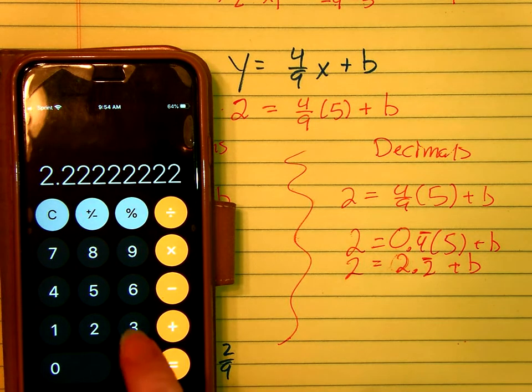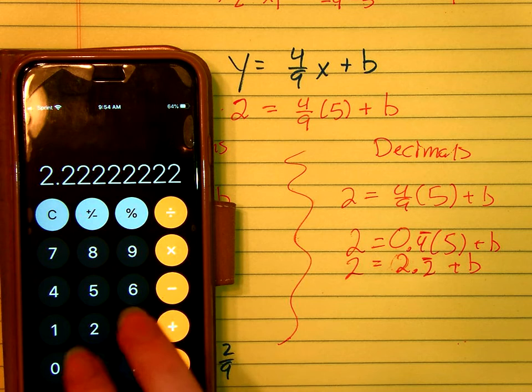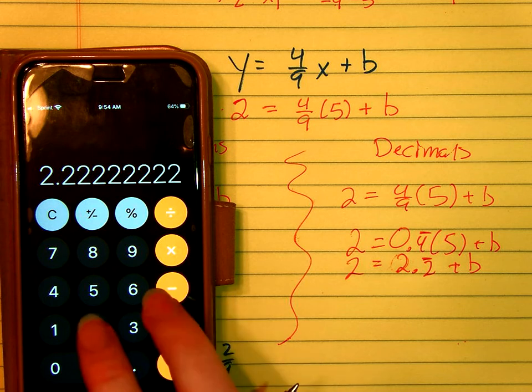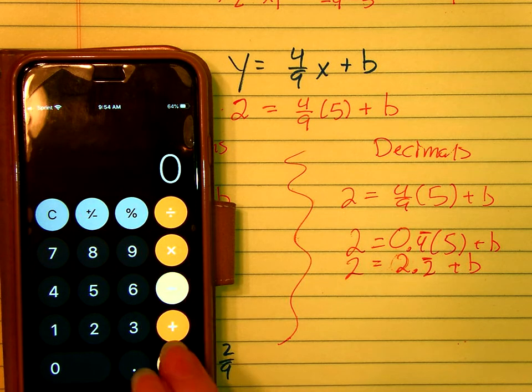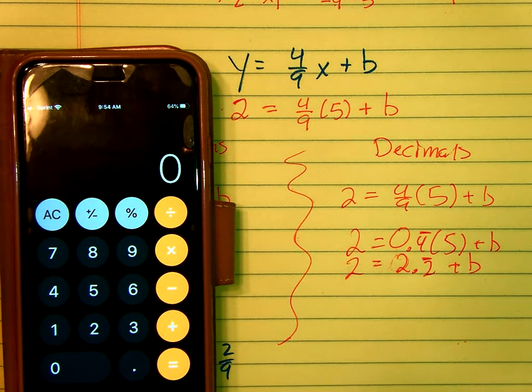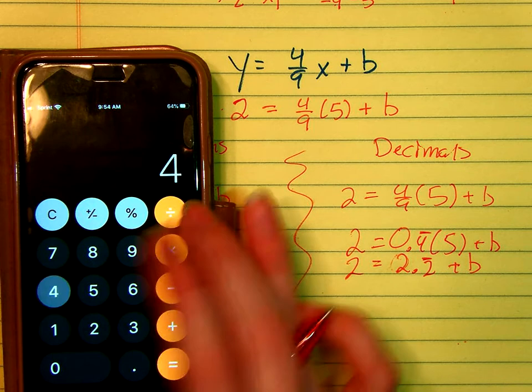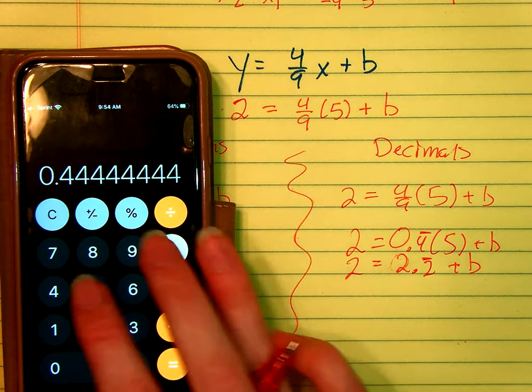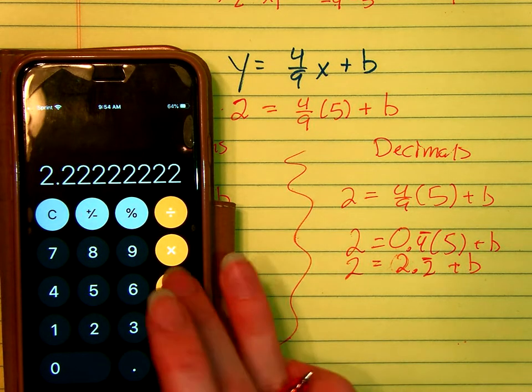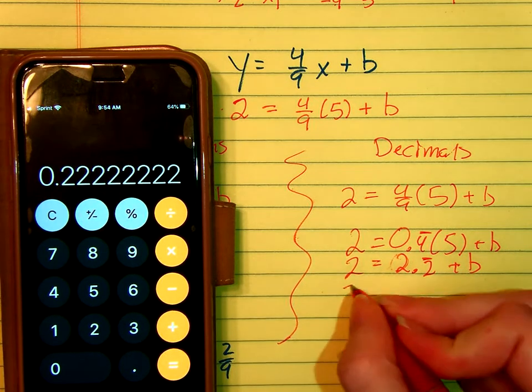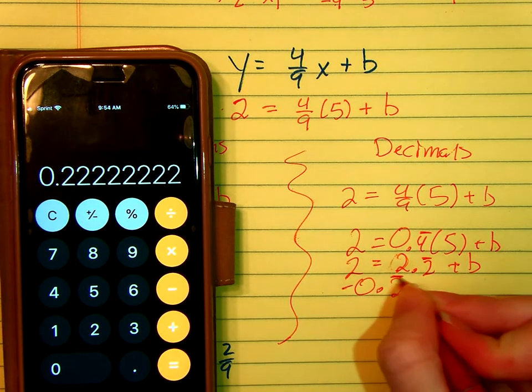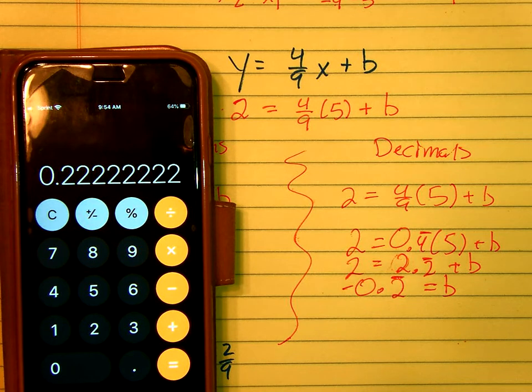We're going to subtract that from 2. So 2 minus that, which does not keep in my beautiful calculator. So I'm going to subtract it the other way, times 5 minus 2. So it's really negative 0.2 repeating equals b.